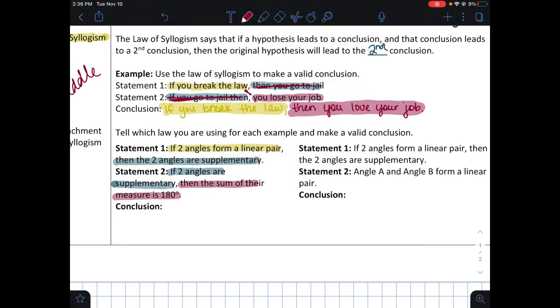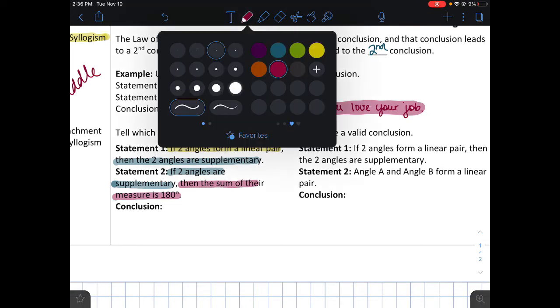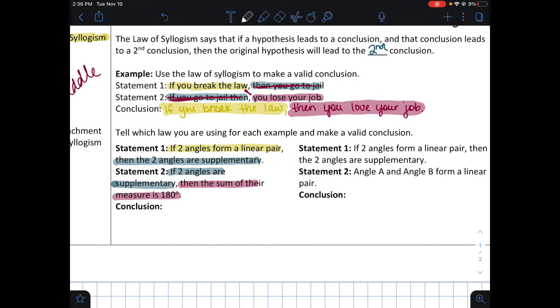So for the conclusion, we're going to cut out the middleman. Actually, let me use this blackish color. We're going to cut this part out, and we're going to cut this part out because they're the same thing.